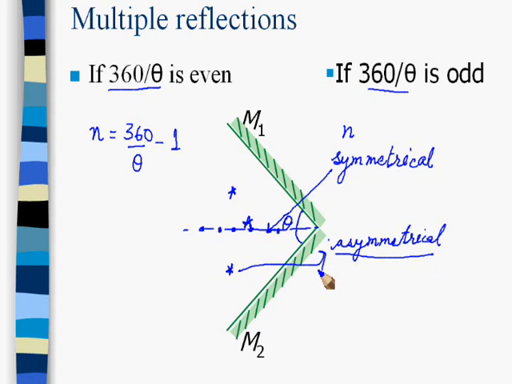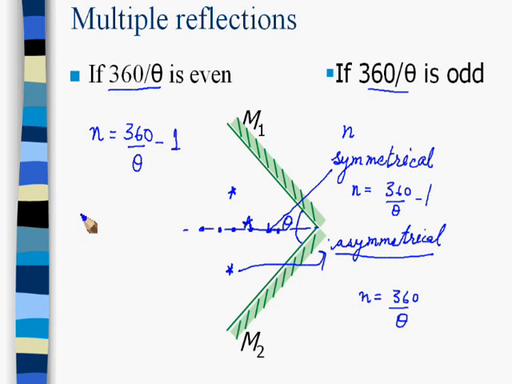So, if the symmetrical placement of the object is there, then the number of images in this case will be n equals 360 by theta minus 1, and if an asymmetrical object is placed, then n is equal to 360 upon theta.